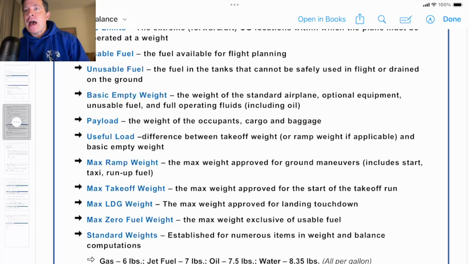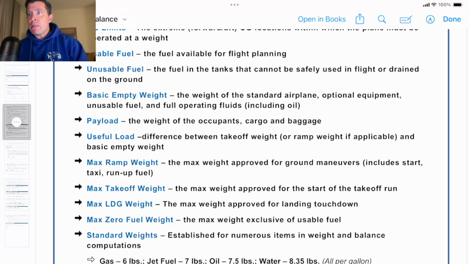I know I'm going fast through these, but I don't want this video to be an hour long, so you can always rewind and go over these terms again. Max takeoff weight is the max weight approved for the start of the takeoff run. So not when you're rotating, but actually starting that run is your max takeoff weight.